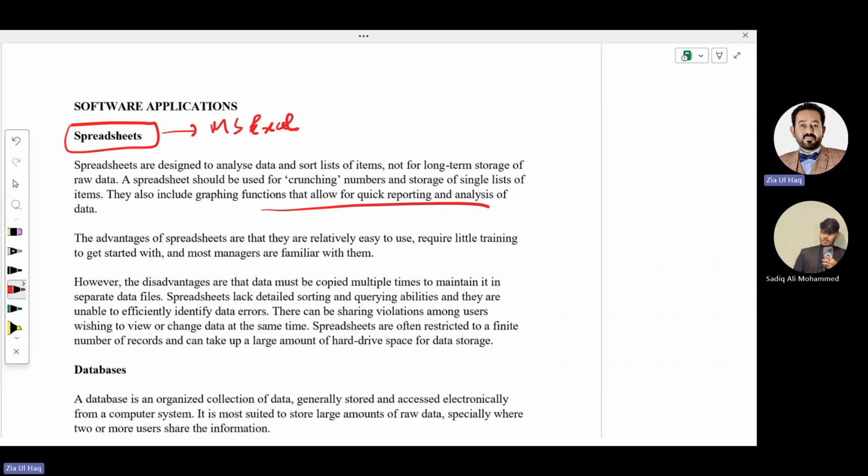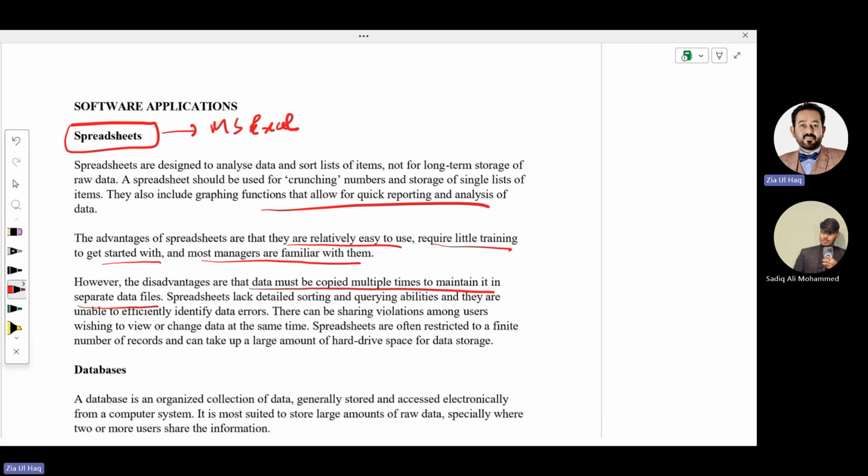The advantage of spreadsheets is that they are relatively easy to use. They require little training to get started, and most managers are familiar with them because they have either studied or used them somewhere. However, the disadvantages are that data must be copied multiple times to maintain it in spreadsheet data files. Meaning from one file to another, we need to copy and paste the data.